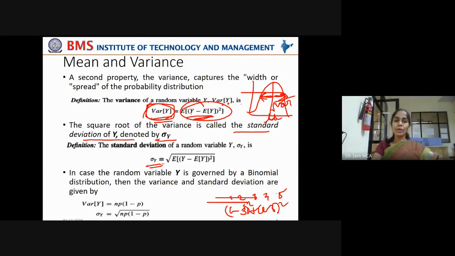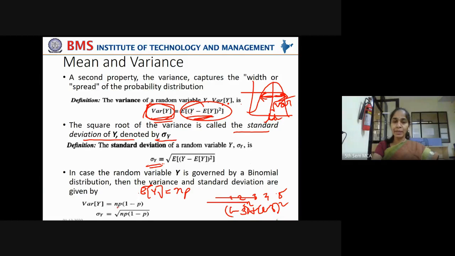Got it? Now, in case the random variable y is governed by a binomial distribution, then the variance and the standard deviation are given by, you know what the expected value of y is in terms of a binomial distribution. It is n into p. Now, how is the variance of y represented in terms of a binomial distribution?